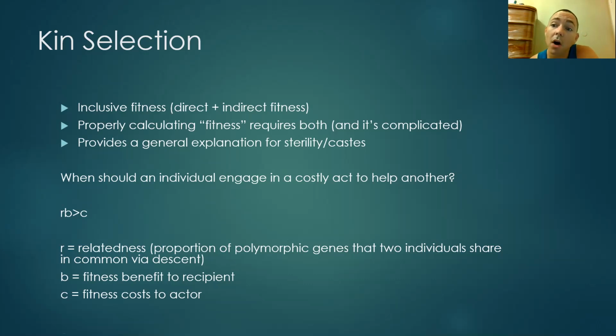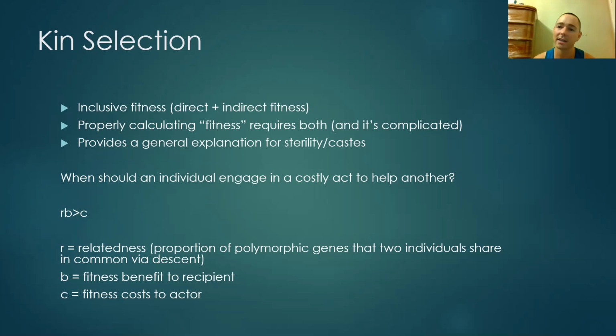If the benefit is small, then your relatedness must be large in order to get this inequality to work, or the costs have to be trivial for me. You know, me picking a nit out of your hair and eating it, well, it's hard to know how costly that is, but it's probably not that costly. And then it might actually be beneficial depending on the caloric intake of that nit. But whatever. Anyway, so you get the general gist.